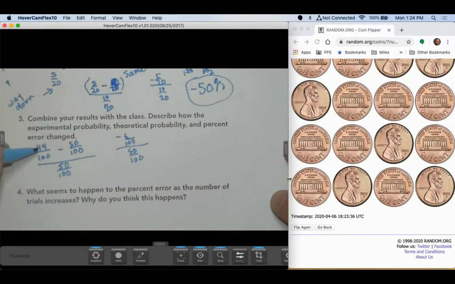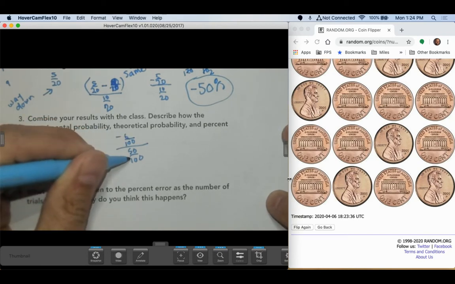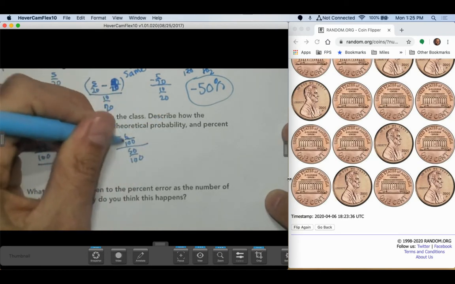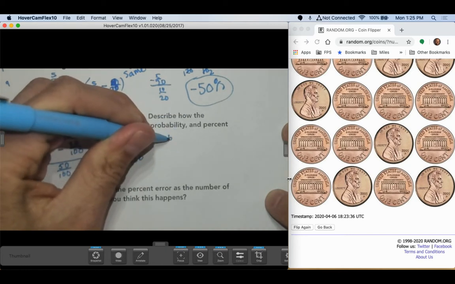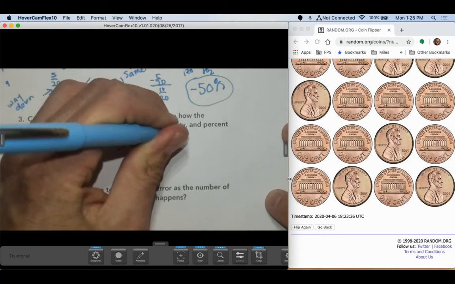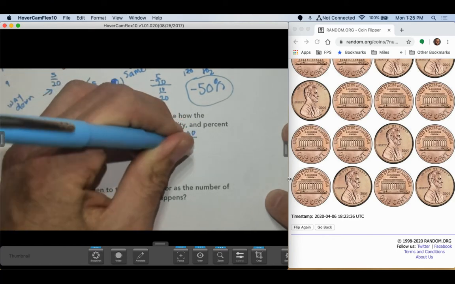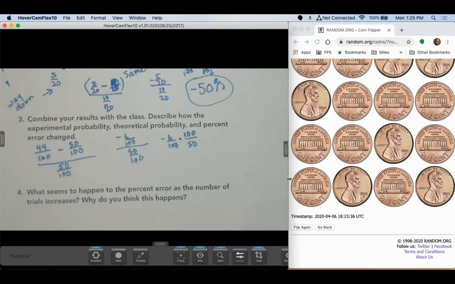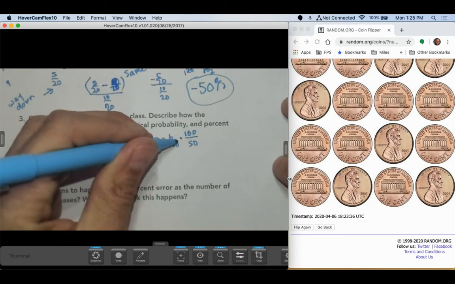Oops, sorry. And so I take the experimental minus the theoretical, then I put it over the theoretical. This is a complex fraction, which is like a crazy division problem. Negative 6/100ths times 100 over 50. Keep, change, flip, not KFC, KCF.